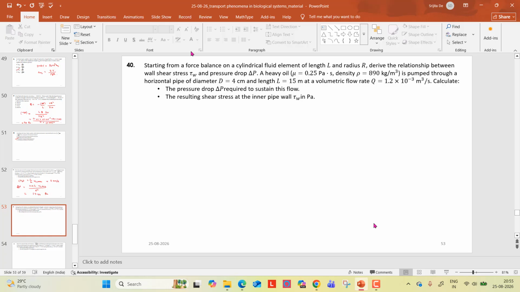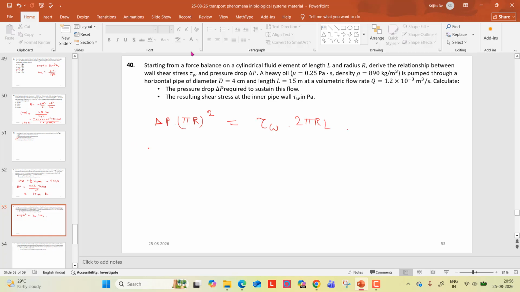Okay. Next. Starting from a force balance on a cylindrical fluid element of length L and radius R, derive the relationship between wall shear stress and the pressure drop. So, cylindrical fluid element, wall shear stress and pressure drop. So the pressure force is delta P into pi R square, and this equals the shear force, that is 2 pi R L of the cylinder.